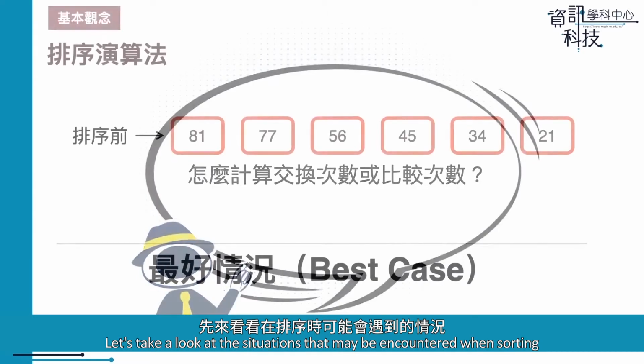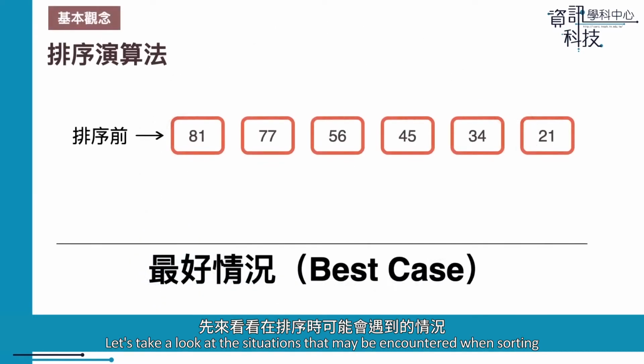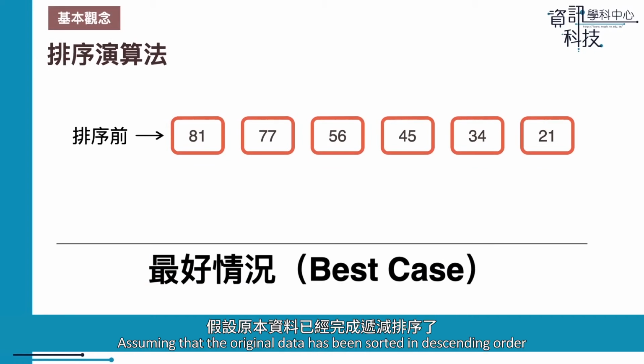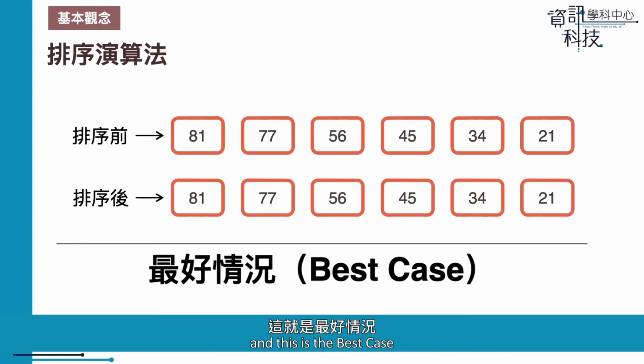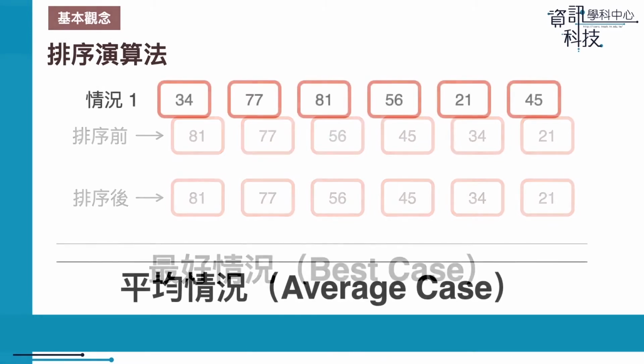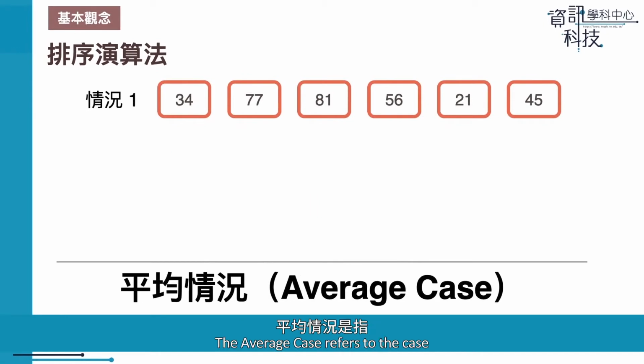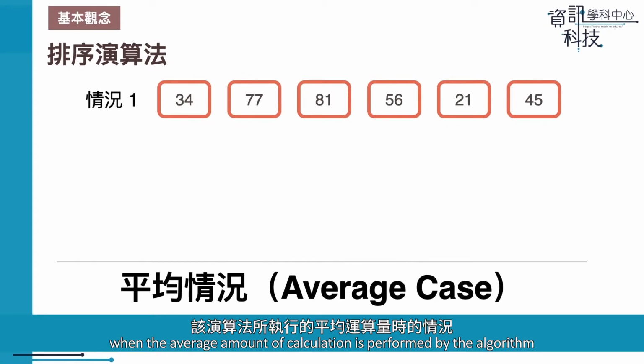Let's take a look at the situations that may be encountered when sorting. Best case. Assuming that the original data has already been sorted as required, at this time it only takes time to traverse all the data once, and this is the best case. Average case. The average case refers to the case when the average amount of calculation is performed by the algorithm.